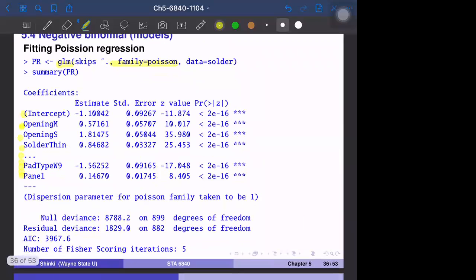But overall, the model doesn't have a good fit because the residual deviance is 1829 on 882 degrees of freedom. This follows a chi-square distribution with these degrees of freedom, and the chi-square distribution has an expectation equal to the degrees of freedom. So 882 is the expectation, and it's almost a normal distribution, the sum of 882 independent squared normal random variables. So 1,800 is too large.